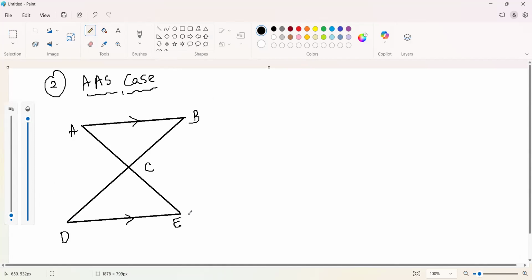Now, what can you say? Any equality? You can clearly say they have a Z letter. Look here, you can see a Z letter, no?